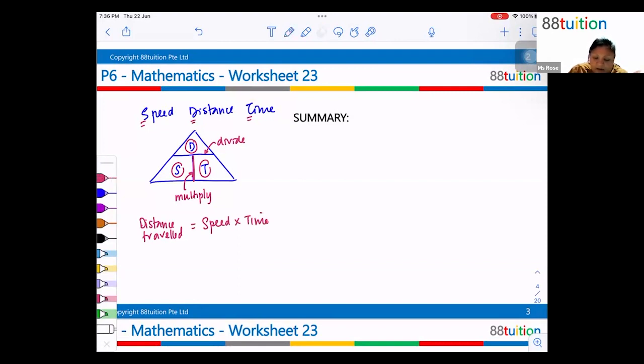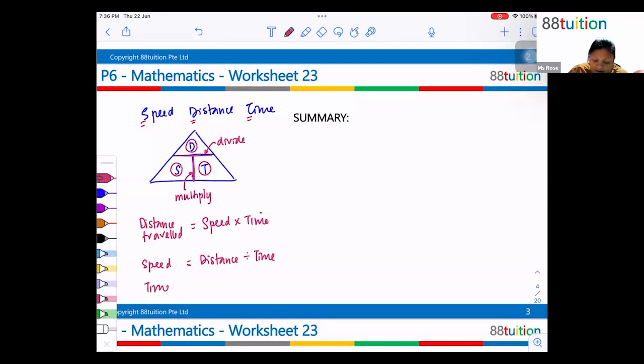And if I want to find speed, speed is here, so speed is equal to distance divided by time.